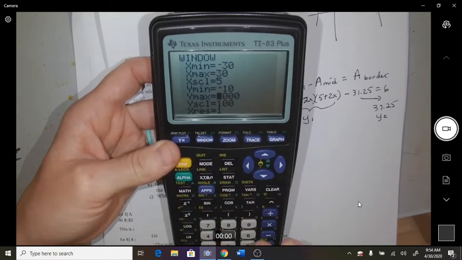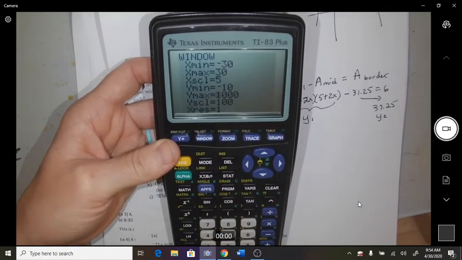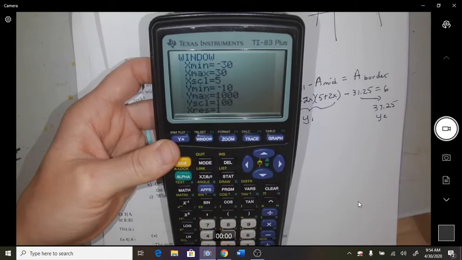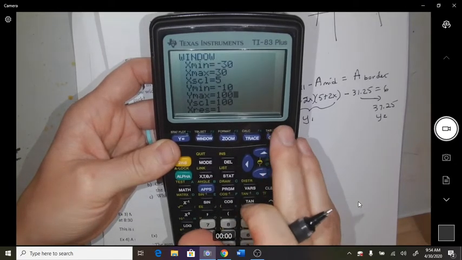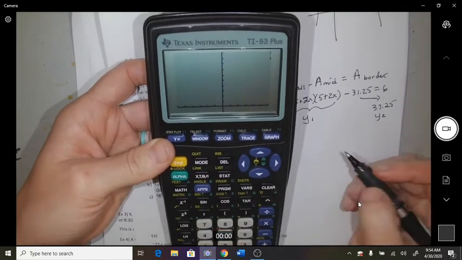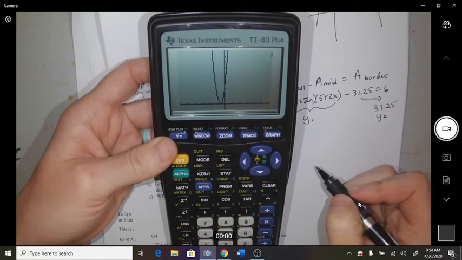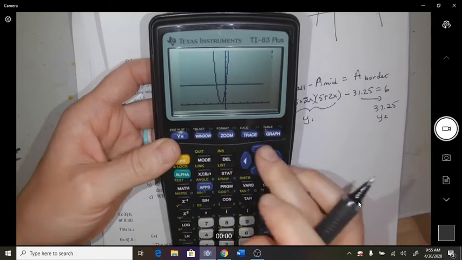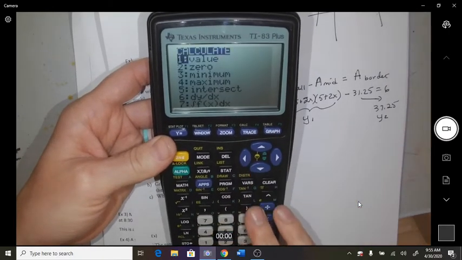Ooh, don't need to be that high. Okay, let's try a max of 100 then. That's a little better. Okay, calculate the intersection.